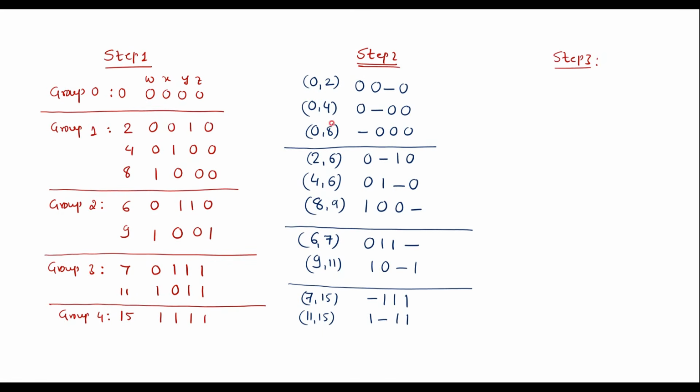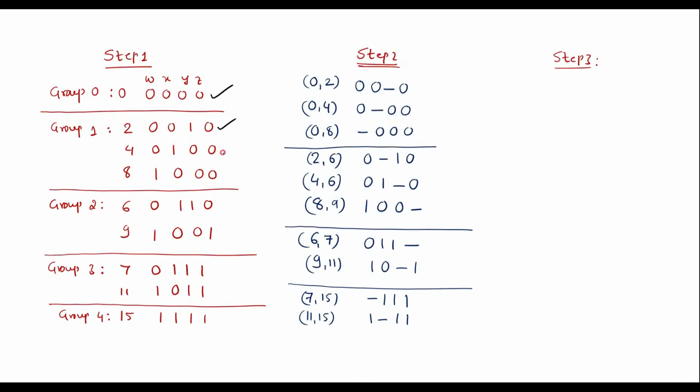So now before I proceed, here we have considered 0 and 2. Put the check mark for 0 and 2. Similarly, 0 and 4 is covered.